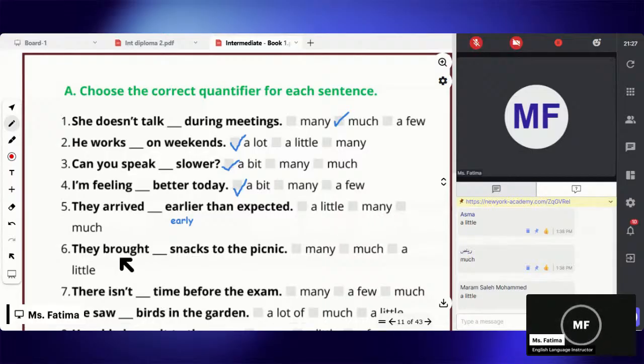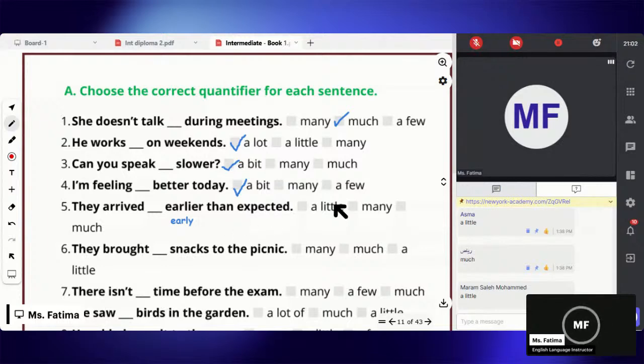They arrived much earlier than expected. That gives you what? It means above what was expected. Yes, Zainab, a bit is correct. So they arrived much earlier than expected.